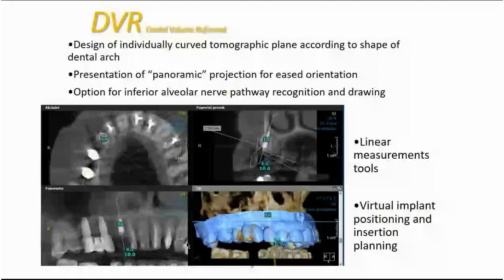For the beginning, our main tool in the on-demand software dealing with implant planning is the so-called dental volume reformat, and it features a lot of tools which will help us do the basic implant planning procedures.